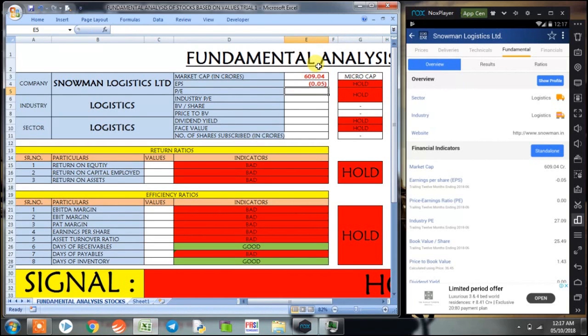Now because EPS is negative, the current P by E ratio is 0. Here we could see that. Industry PE is 27.09.